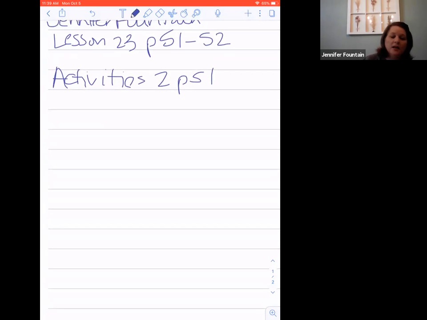And we're going to go ahead and number these 1, 2, 3, 4, going from side to side. So number 1 is going to be 35 times the square root of 10 over 7 times the square root of 2. So go ahead and write that problem.